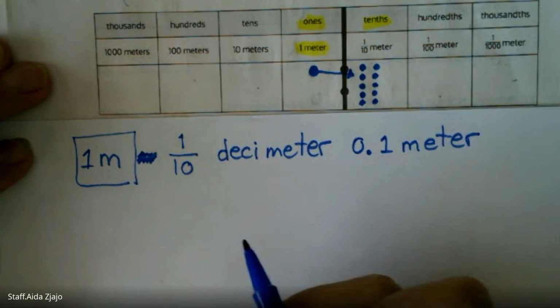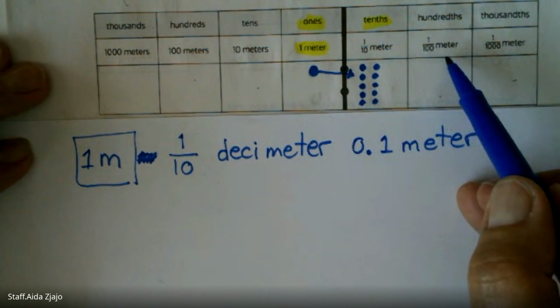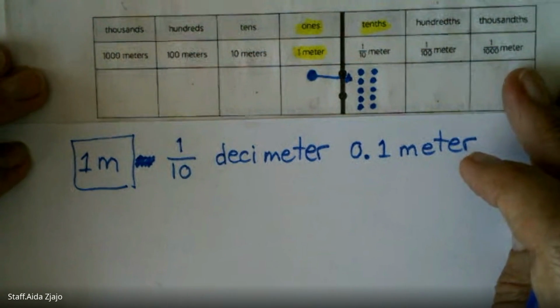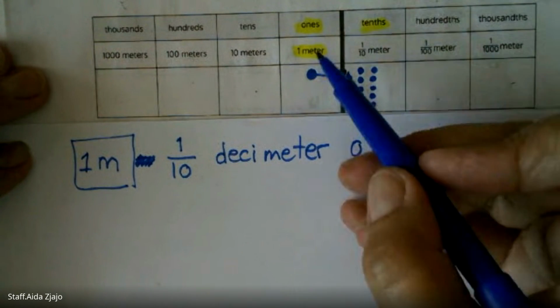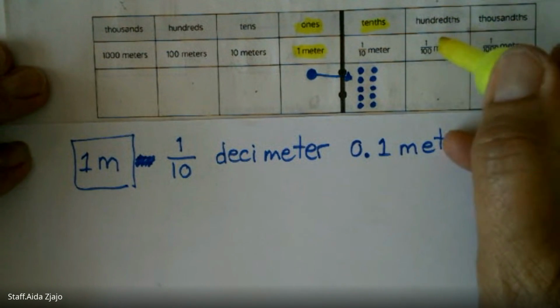So now if we talk about a centimeter, which is 1 out of 100 of the meter. If I cut a meter into 100 pieces, I will have a centimeter.